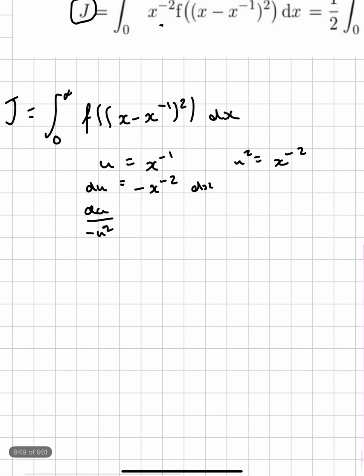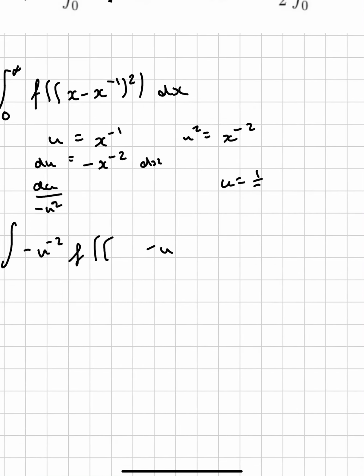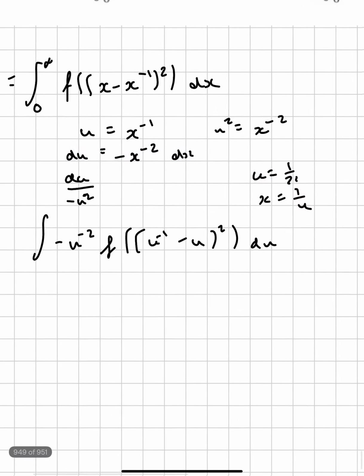I'm going to look at the limits in a second, but we're going to have minus u to the minus 2, f of, and x, if u equals 1 over x, then x equals 1 over u, so this is u to the minus 1 minus u squared, now to u. Okay, limits.